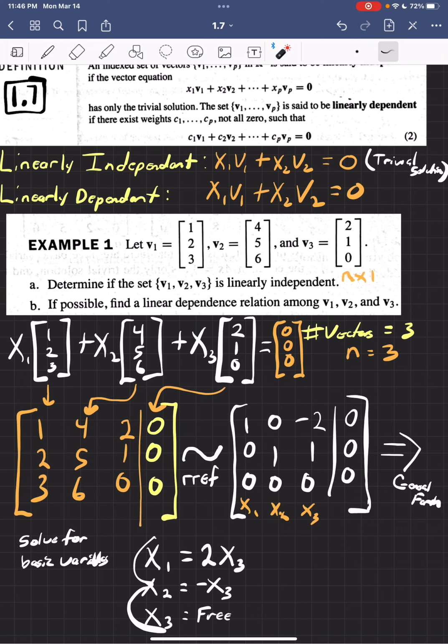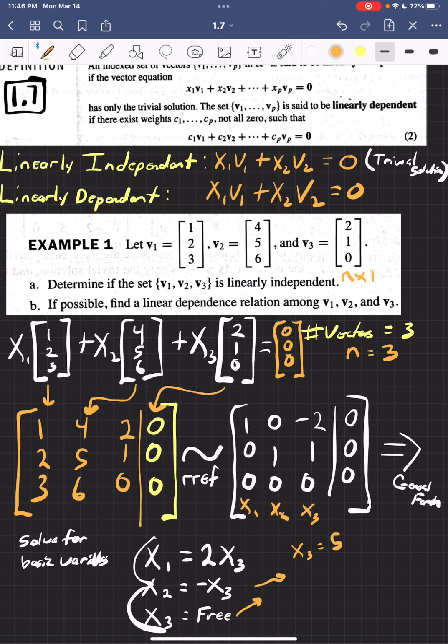Just to make up something here, because x sub 3 is free, let's say you chose x sub 3 is 5.